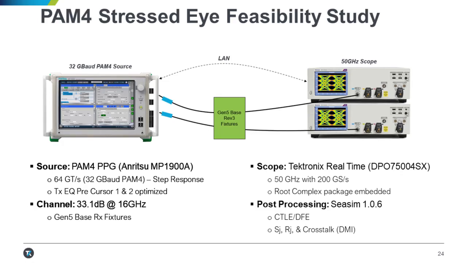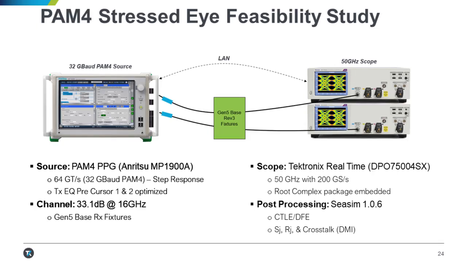So we did a feasibility study here as well, and we've been doing some follow-up work recently as well. We'll show some of the earlier data. We're using the MP1900 as our source, using the Gen 5 base calibration fixtures, which we believe, with the exception of crosstalk, to be appropriate for calibrating the Gen 6 eye, and then the Tektronix real-time scope 70K series.